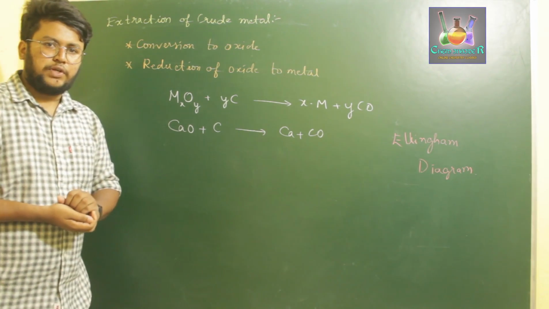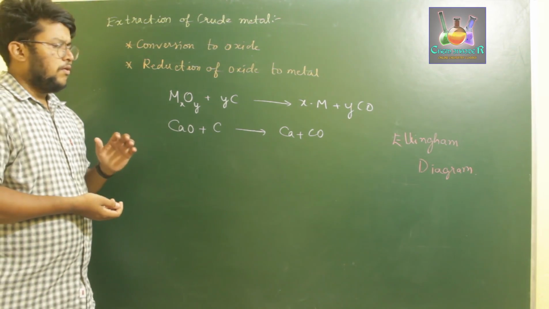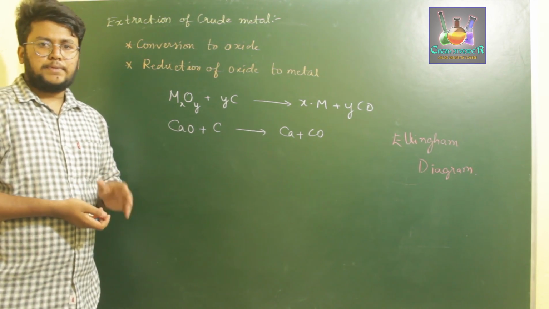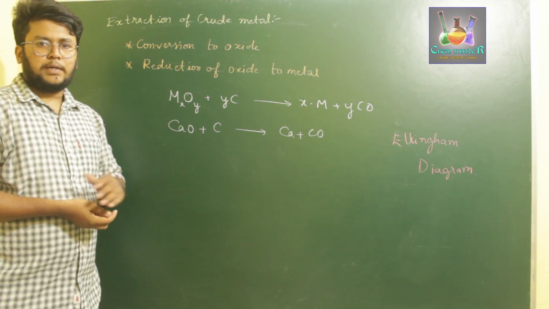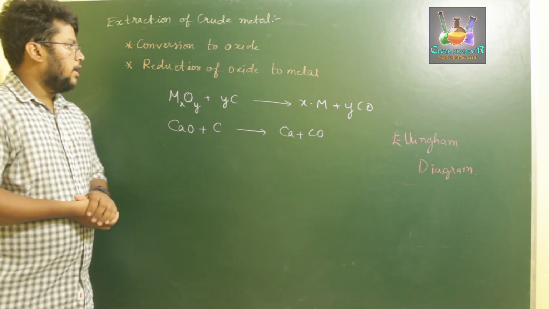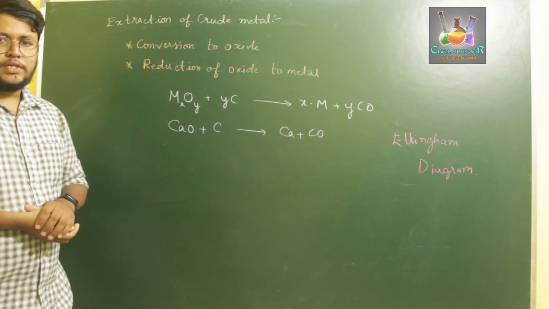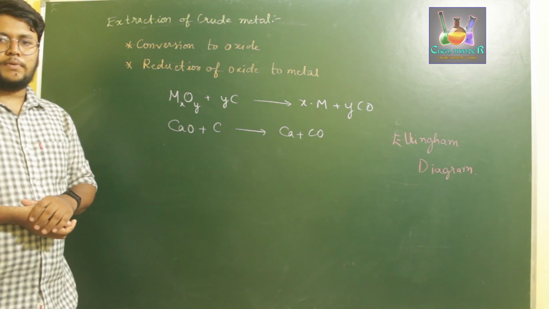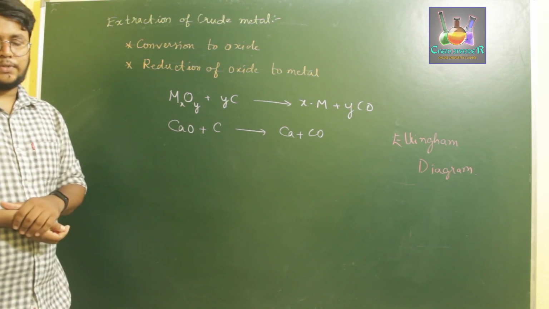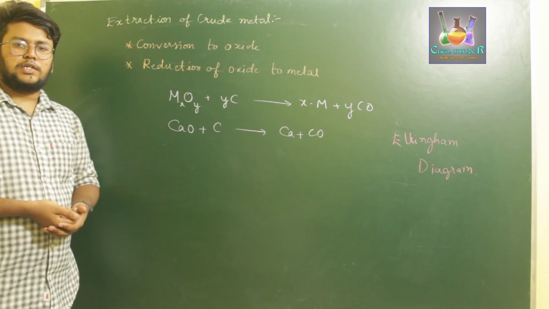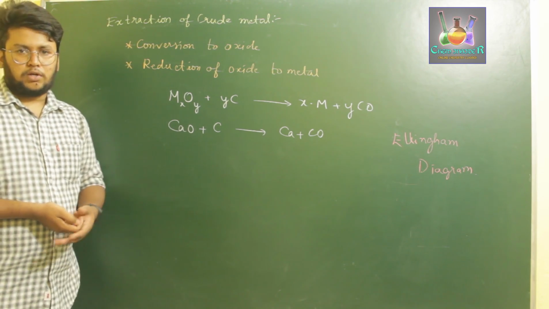In calcination, we heat the concentrated metal ore in the absence of oxygen to a high temperature such that all the volatile impurities get evaporated. In roasting, we heat metal sulfide ores in the presence of oxygen such that they are converted to respective metal oxides.